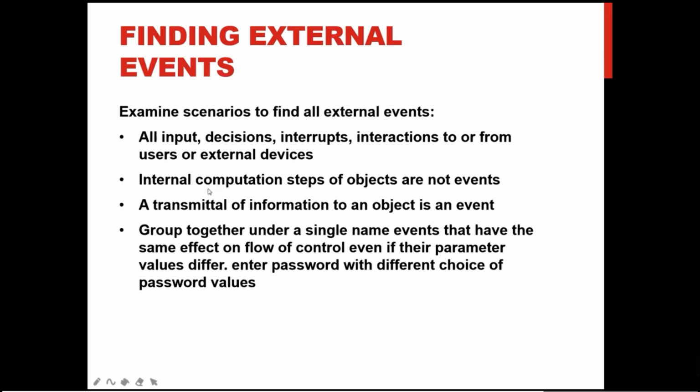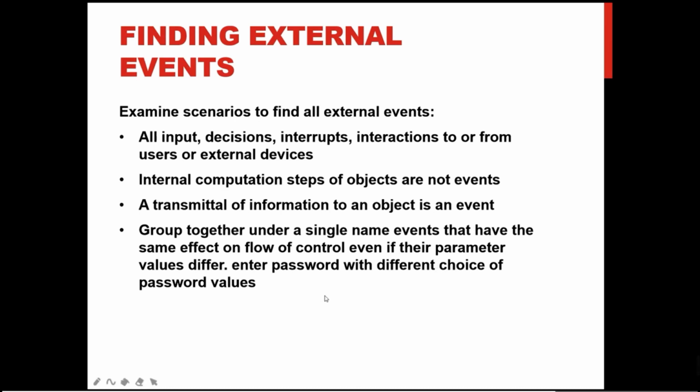Internal computation steps of objects are not events. A transmittal of information to an object is an event, and we should group together under a single name events that have the same effect on flow of control, even if their parameter values are different.